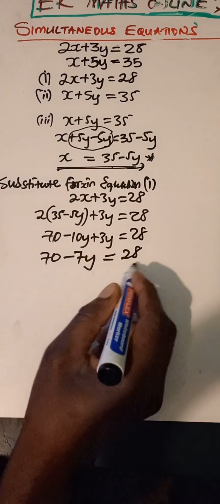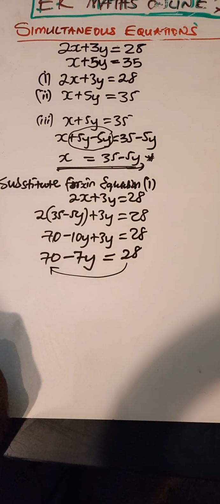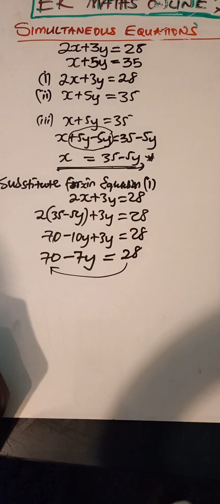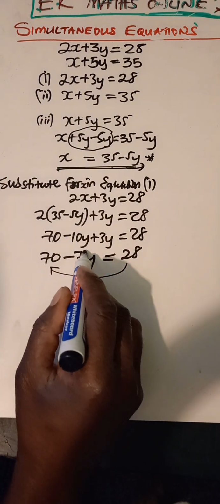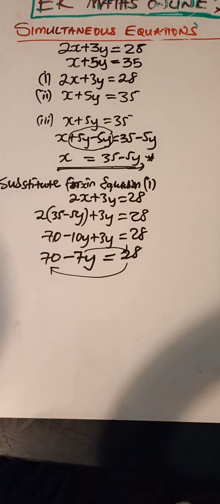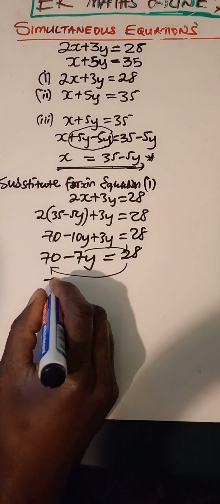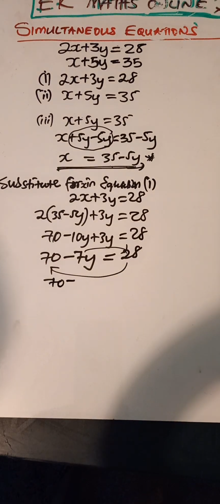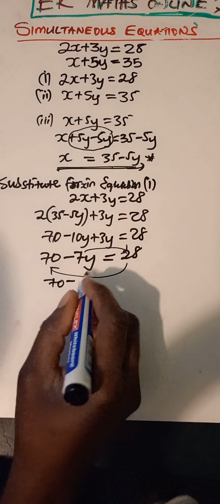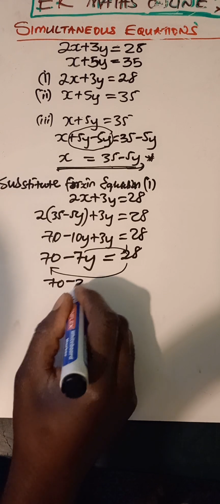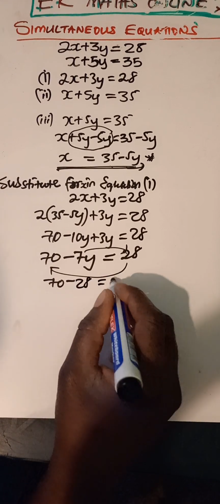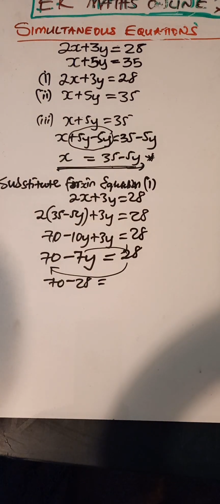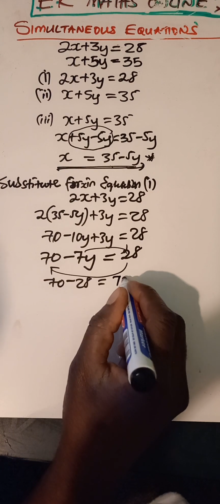So let's take 28 and bring 28 this side, and let's take minus 7y and put it across the equal sign. So we will be left with 70 minus 28, once 28 is coming to this side, it changes its sign to a negative 28, is equal to, once this 7y is crossing over the equal sign, it also changes to 7y.